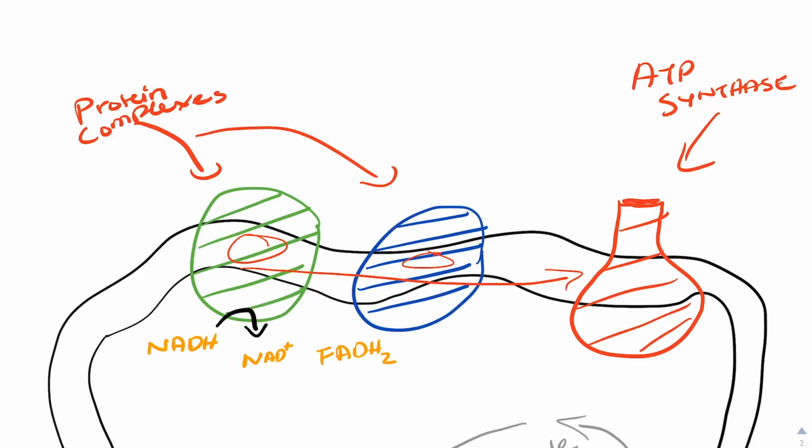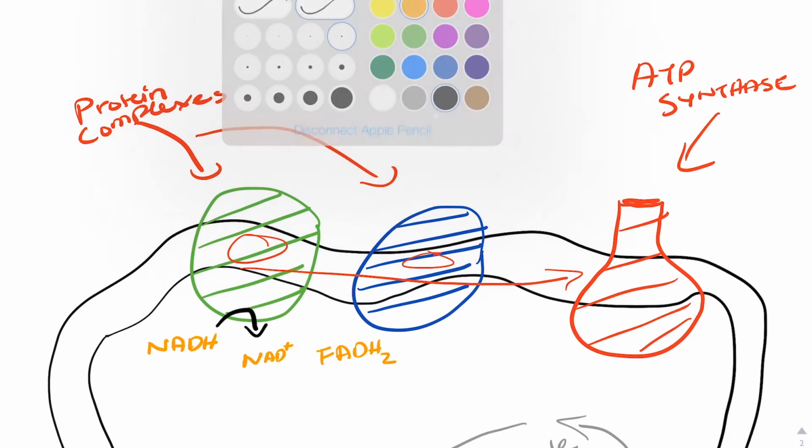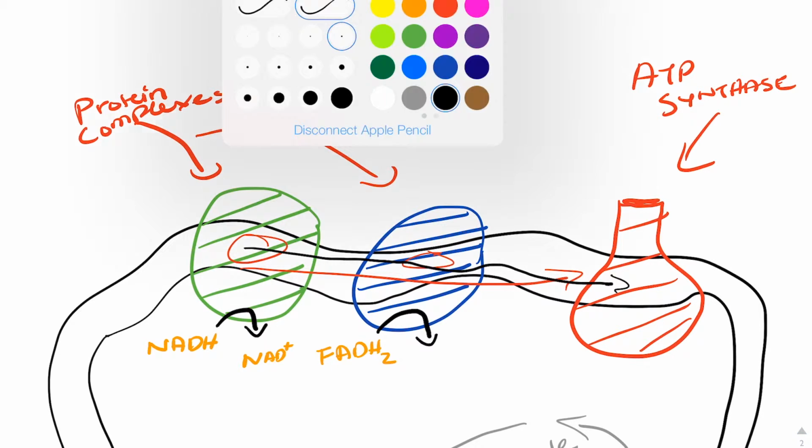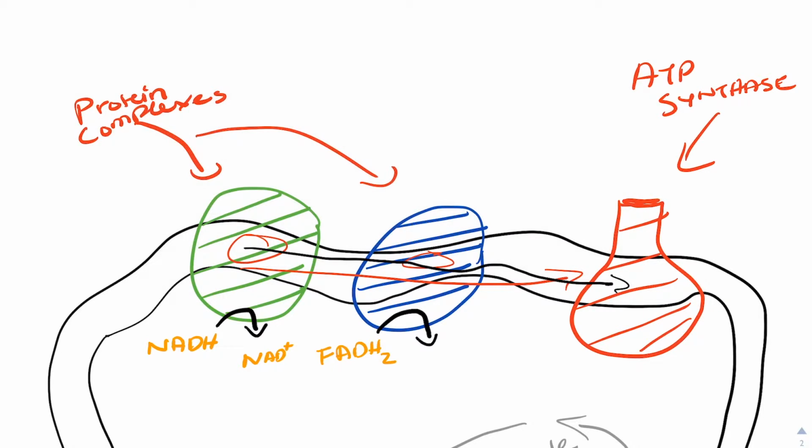Well, the electrons, like I said before, will ride these protein complexes down the belt all the way down to ATP synthase. So we'll see that FADH2 does the same thing. It's going to lose its electrons and its hydrogens as well, which I'll get to in a second, and it will become FAD.